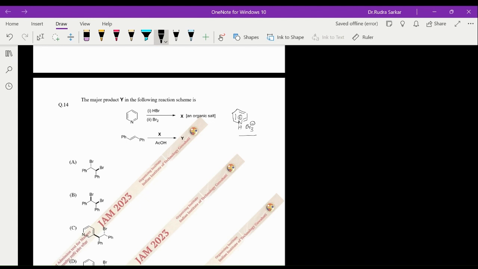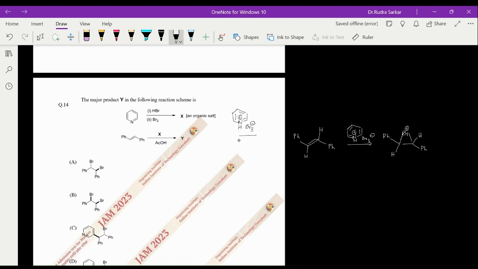So that way, if we think, then we can say that we have a molecule like this, and that when treated with this reagent leads to the formation of the bromonium ion intermediate, something like that.